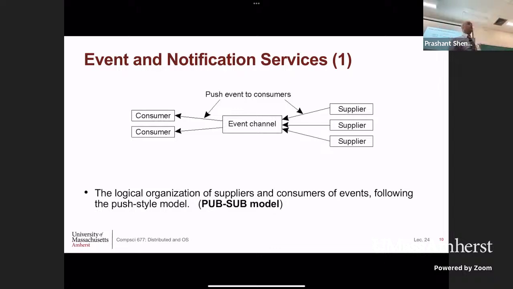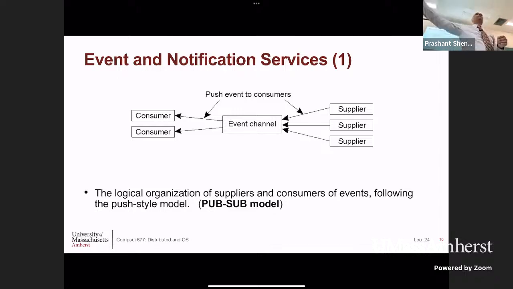So what consumers have to do is register themselves with this event channel and specify what types of events they want to subscribe to. Then the event channel will keep track of those subscriptions. Whenever a new event is published by the producer, which is also called in this case a supplier, the channel will check whether there is a subscription that matches this event type.